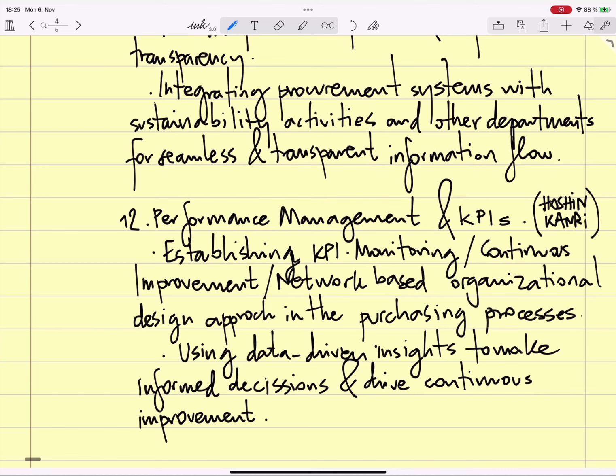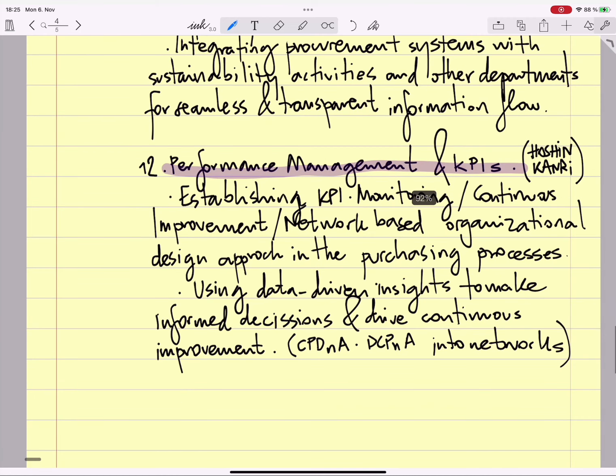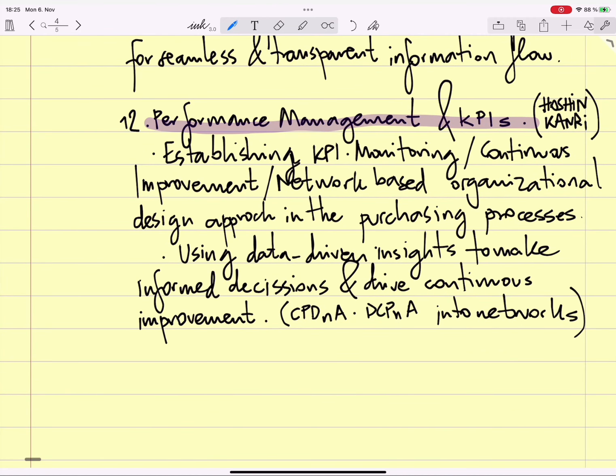And this is basically done by integrating the CPDNA into networks. You know how to do it, you have seen it, at least in theory, okay? If you're interested, you have some books you can borrow from the library on the topic, and of course you can ask me anytime you want.